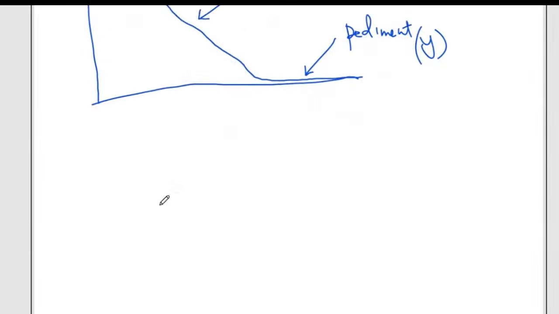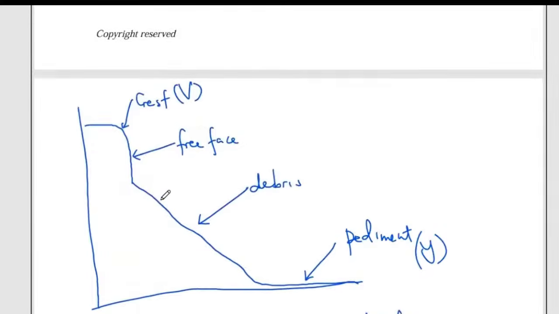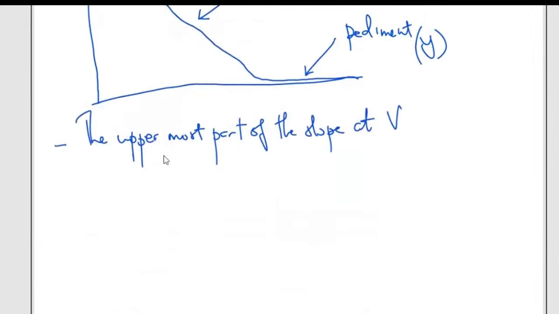Starting from the upper part, the uppermost part of the slope is at V. I think we can see that's the highest point of our slope, where our slope is starting. Then what is the gradient? We have the steepest gradient.